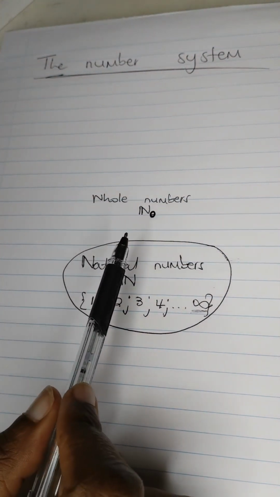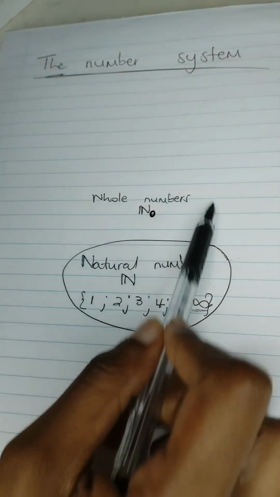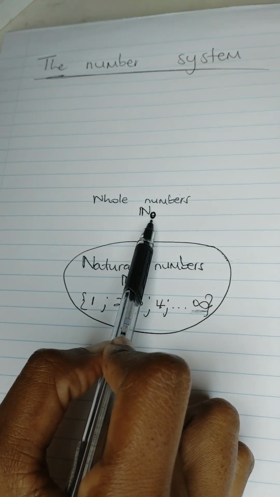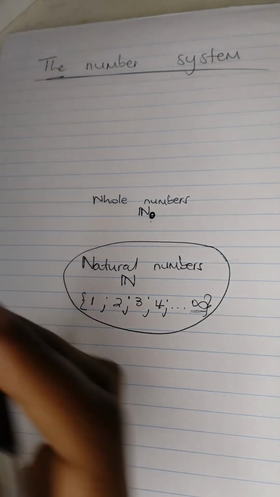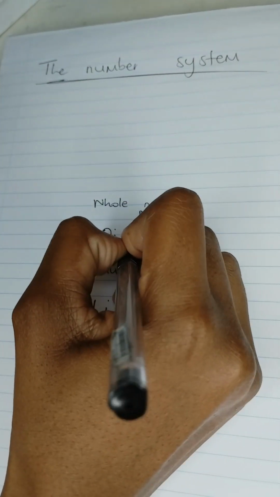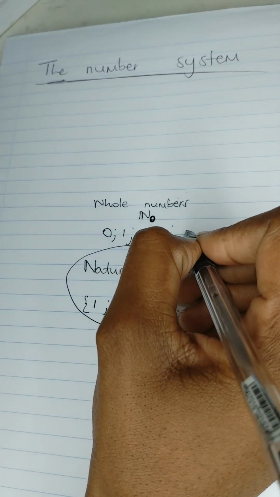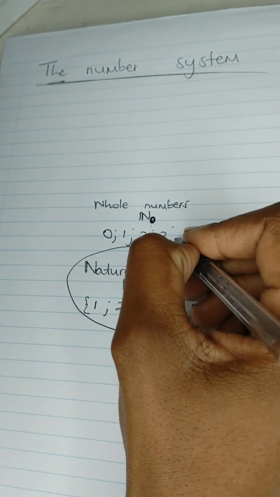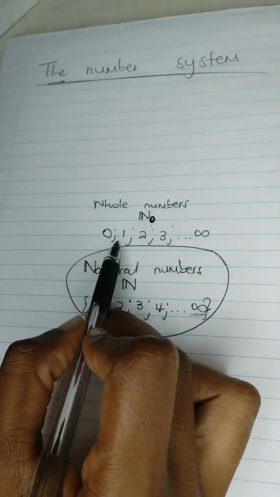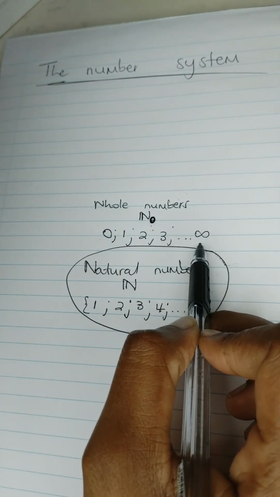So this is how you denote your whole numbers. The natural numbers is just N, and whole numbers is N with a 0 to show where we begin. We begin from 0. So we said 0, and then 1, 2, 3, up until positive infinity.